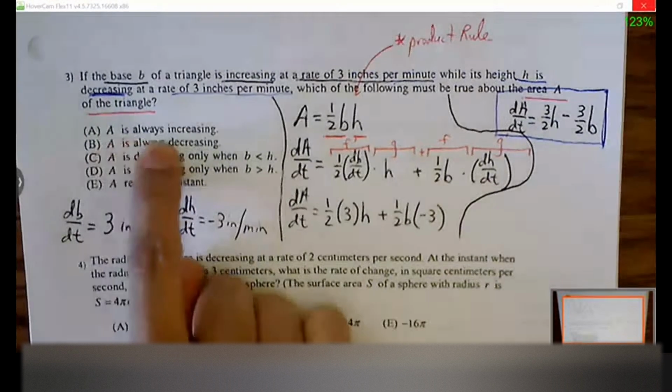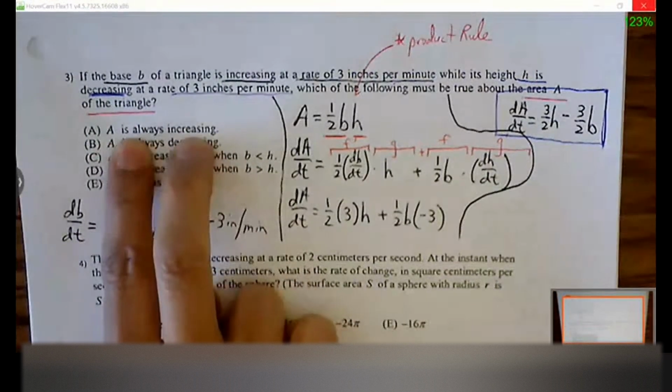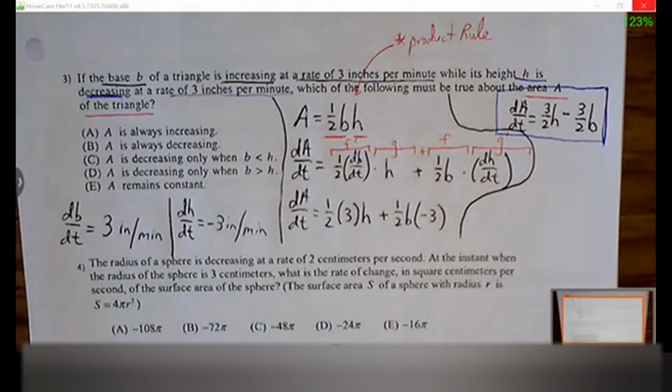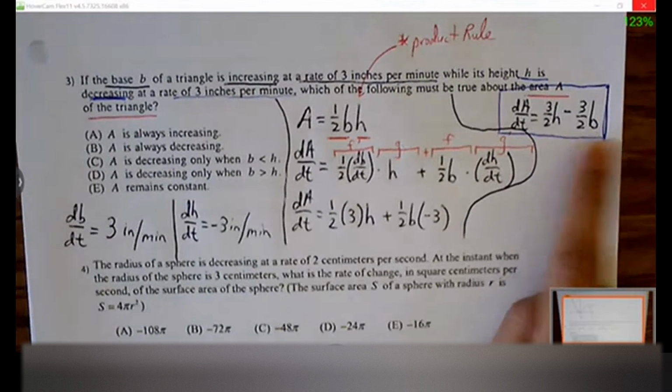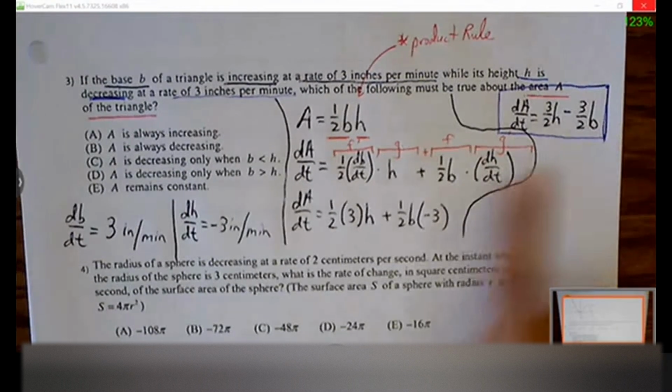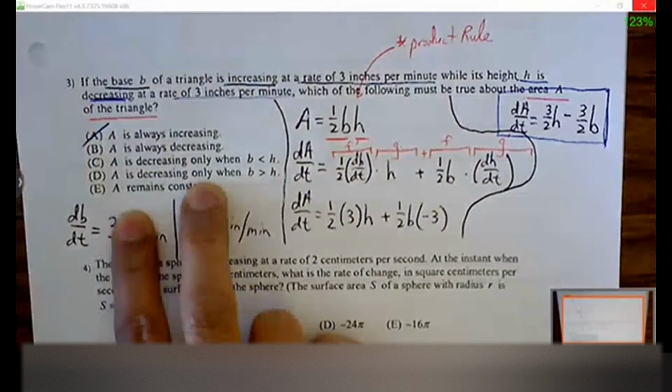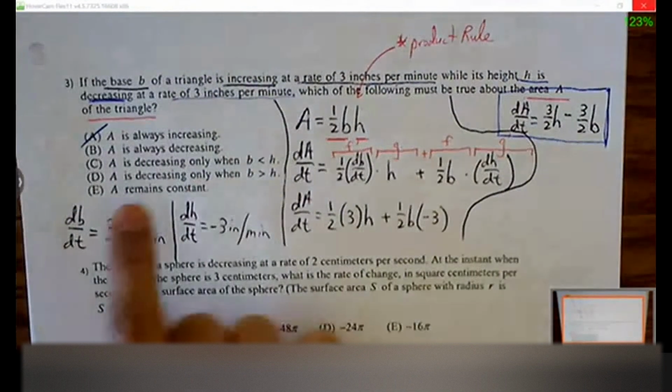It says A is always increasing. Is this always going to be true regardless of what h and b are? Not always true, because we can find situations where we can force this rate to be negative, as long as b is greater than h. So that's not always true, especially if we can choose our h and b values.